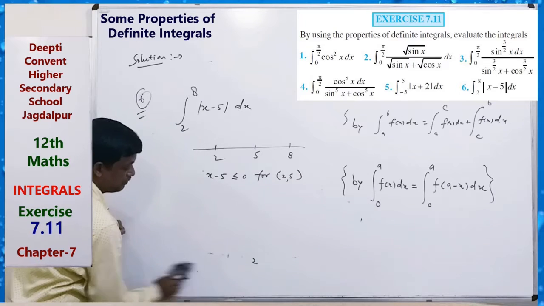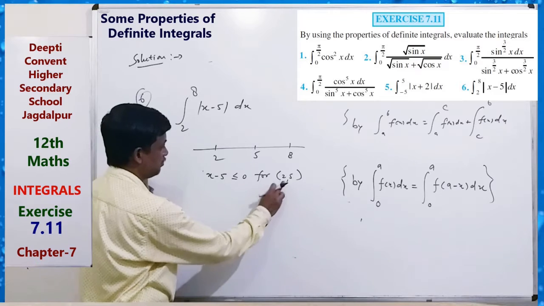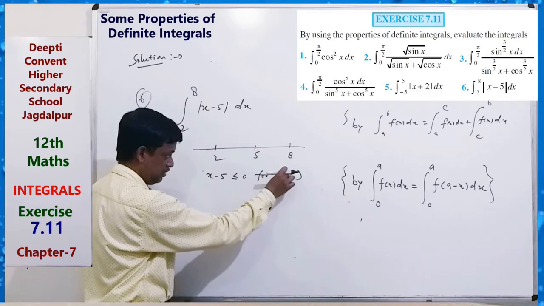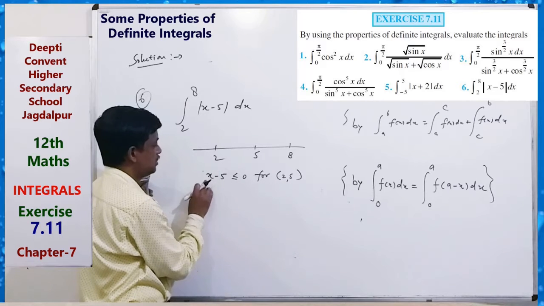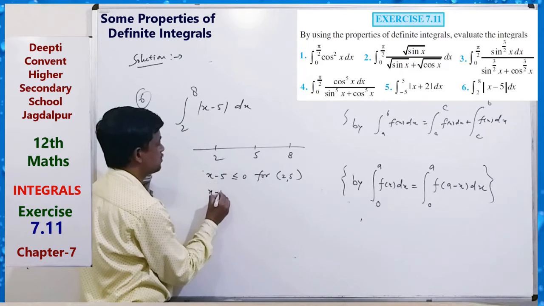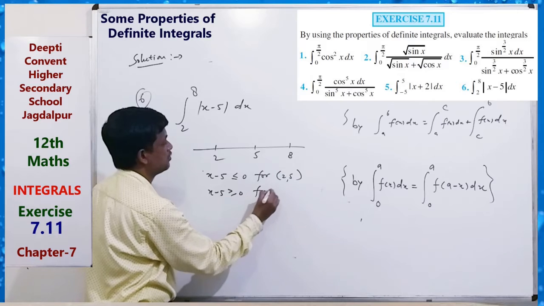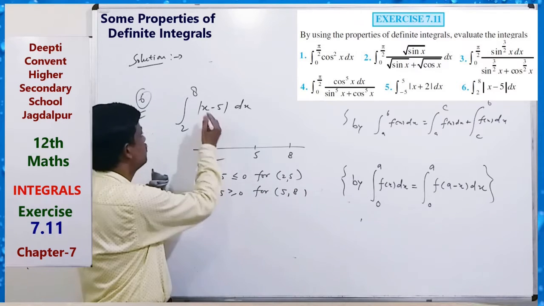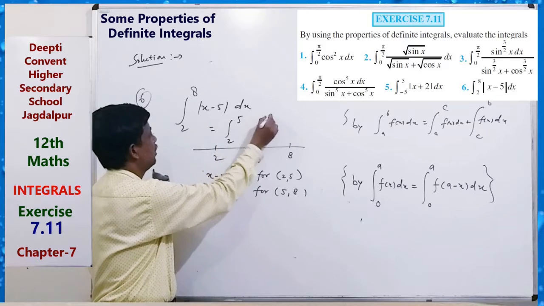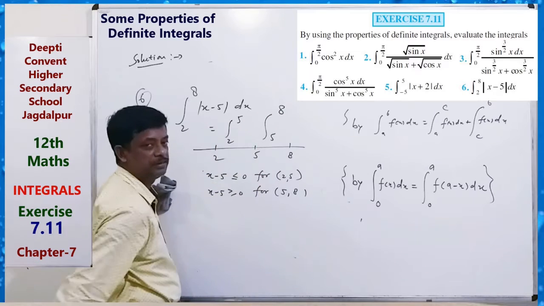2 to 5. Because if x lies between these, then x is less than 5, so this is negative. And also x minus 5 is greater than or equal to 0 for 5 to 8, because it is greater than 5. So we can remove it. How? 2 to 5 and 5 to 8.